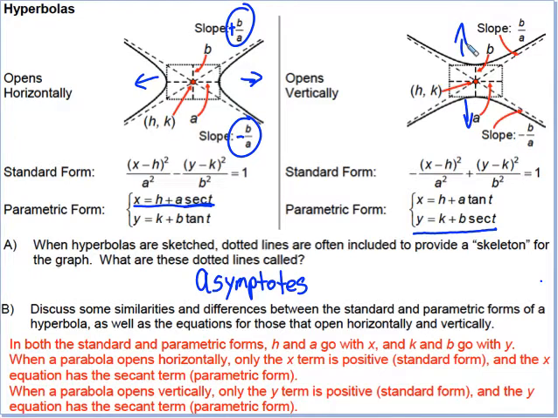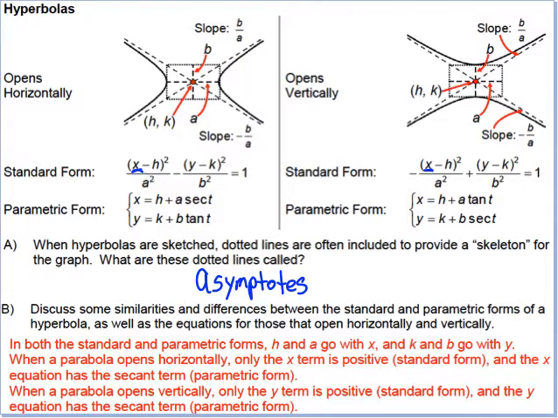Okay, but notice on the standard form, or rectangular form, of the equation, we always want our x fraction first.